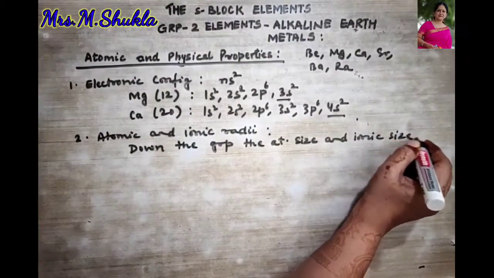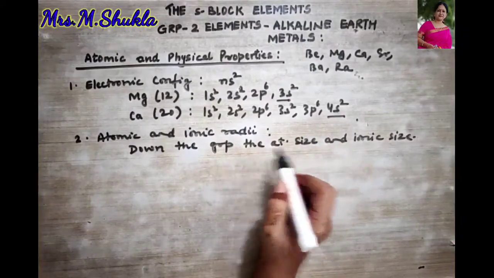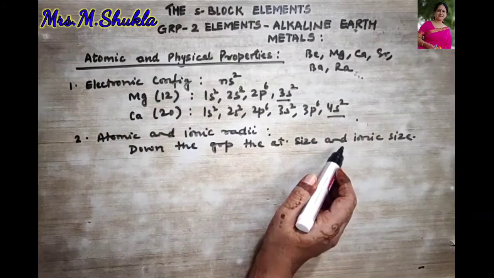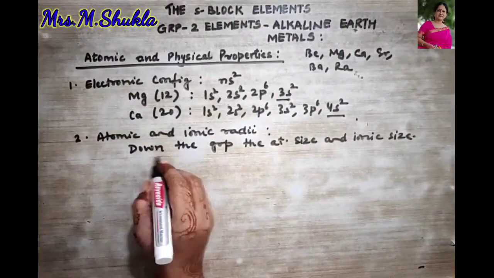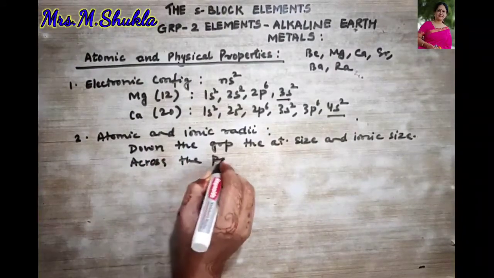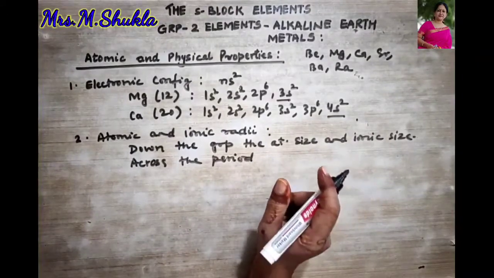Now why do they increase? Because the number of shells is increasing, therefore the atomic size is also increasing. Clear? But if we go across the period, the atomic size and ionic size keep on decreasing. Why so?